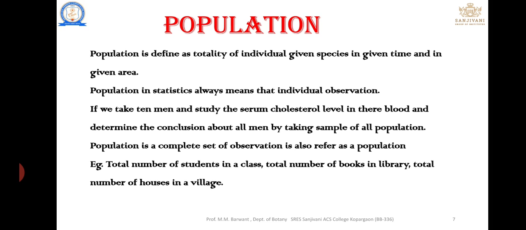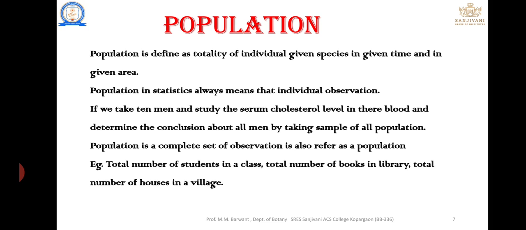Population can be explained in different ways. First, population statistics always means the individuals of a population. Population is a demographic concept, but in statistics it also refers to the individual observations of data. If we take 10 men and study the serum cholesterol level in their blood and determine a conclusion about all men, that is a simple example.